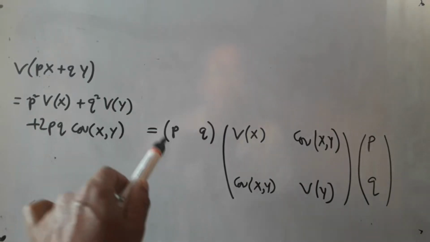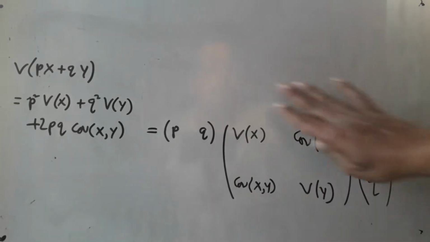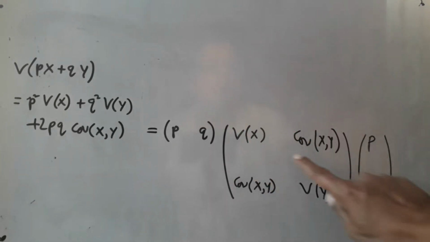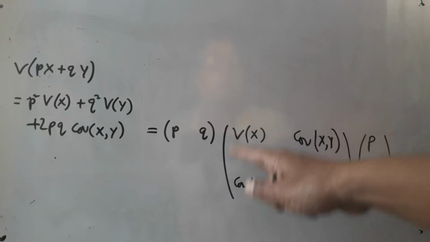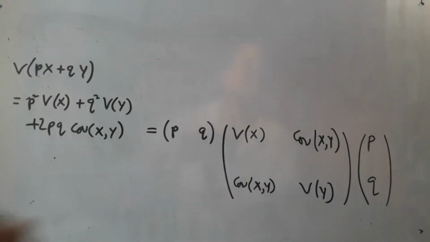Now this p and q were completely determined by how the ruler was placed. It had nothing to do with the scatter of the points themselves. So this matrix, which is completely free of p and q, gives you the dispersion of the points irrespective of how you are placing your ruler.